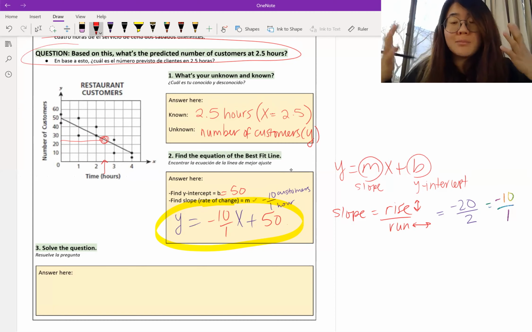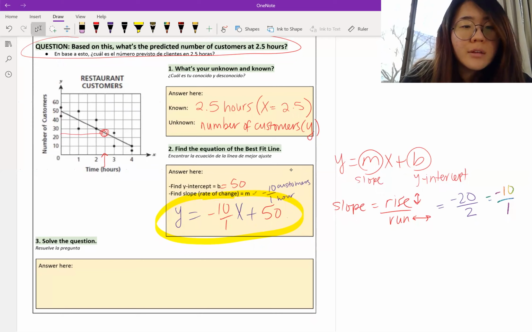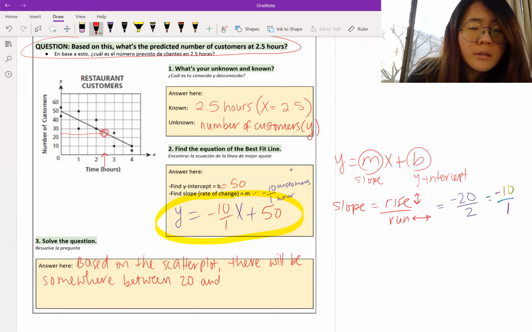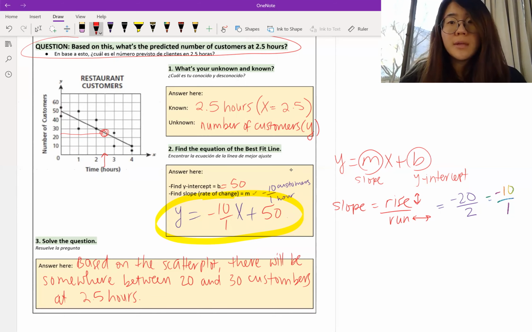But loosely, if I was just to make a good guess using common sense, I could say something like: based on the scatter plot, there will be somewhere between 20 and 30 customers at 2.5 hours. Okay, so that is a legitimate answer to this question.